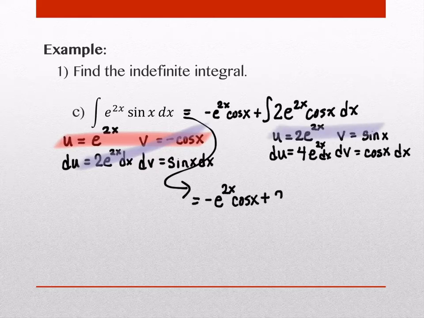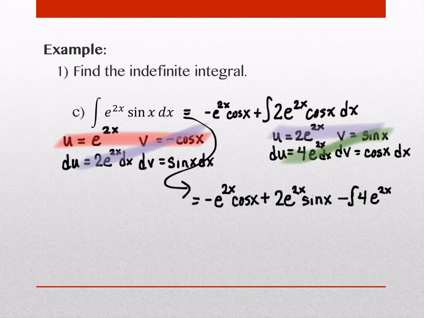So this is 2e to the 2x sine x, and then minus v du, this diagonal, which is the integral of 4e to the 2x sine x dx.